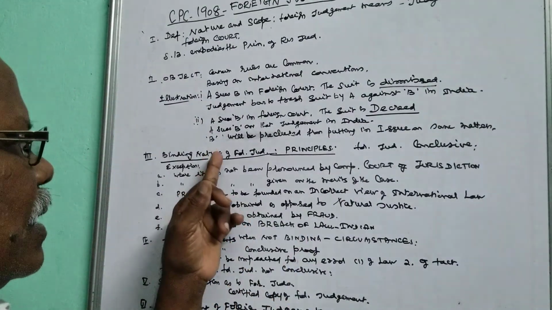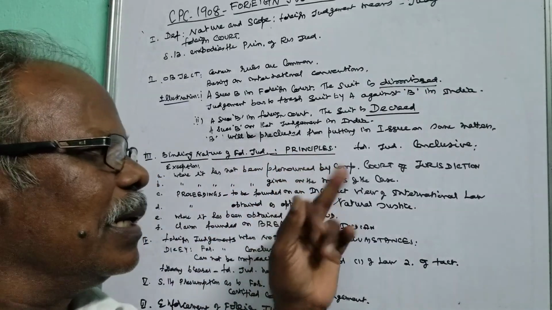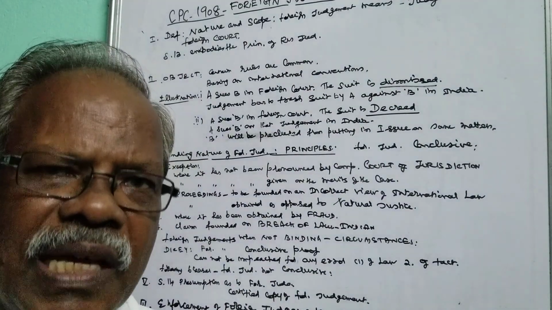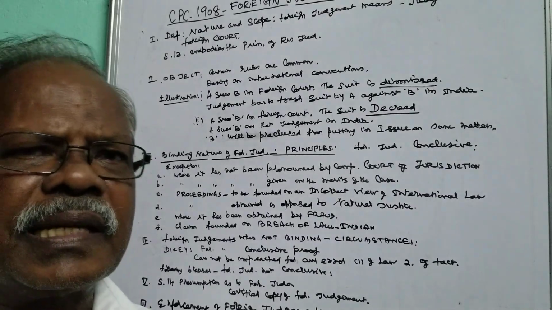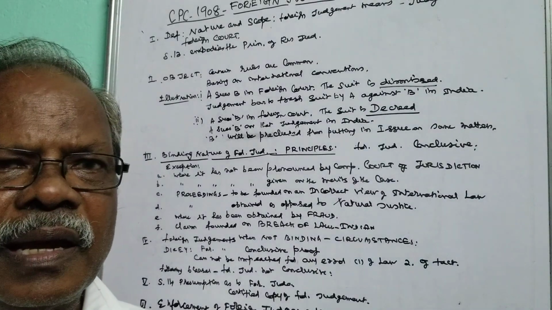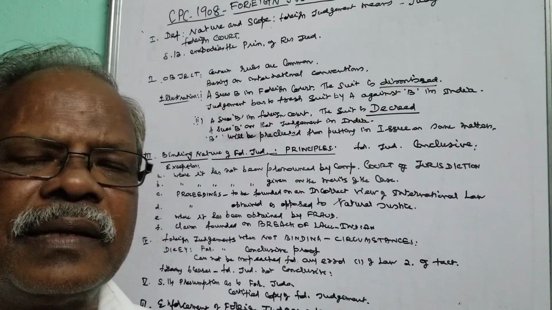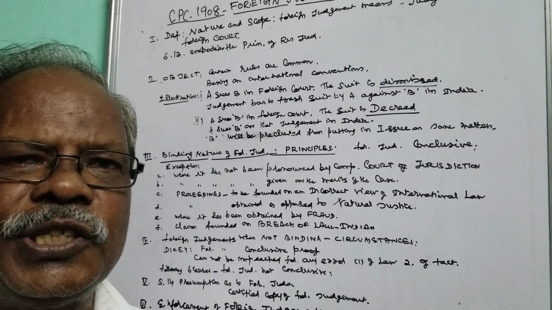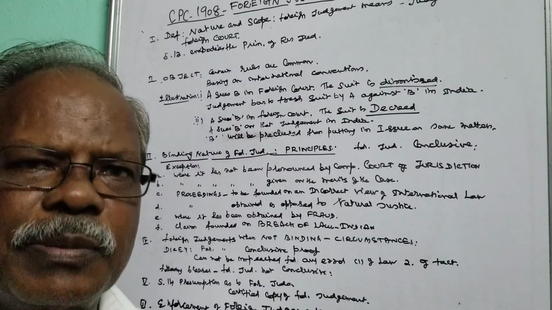Then the binding nature of foreign judgment, the principles. A foreign judgment is always conclusive, but certain exceptions are there. Naturally it is binding on both the parties. A fresh suit cannot be instituted against the foreign judgment, but certain exceptions are there.